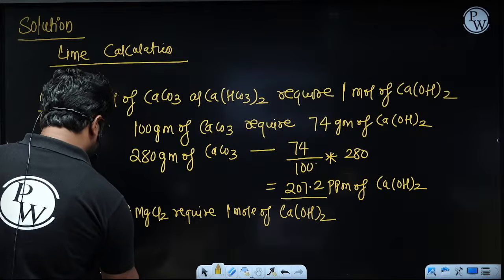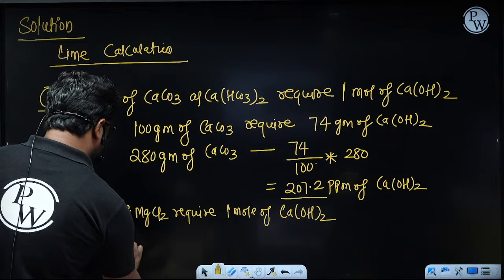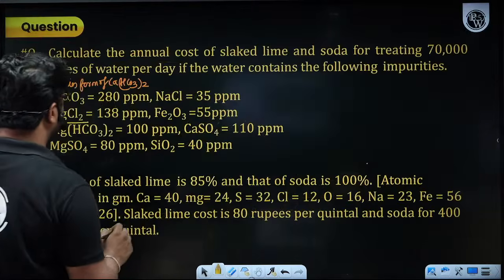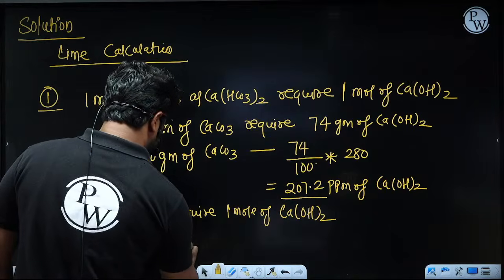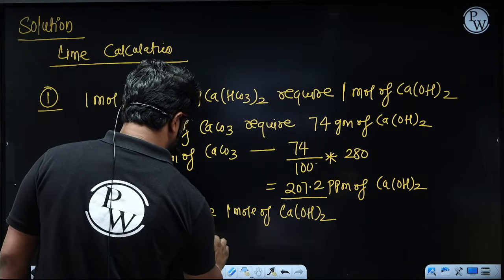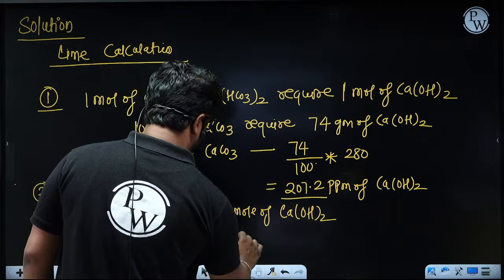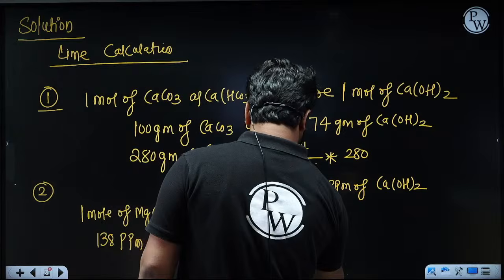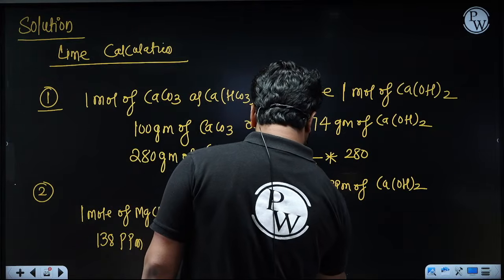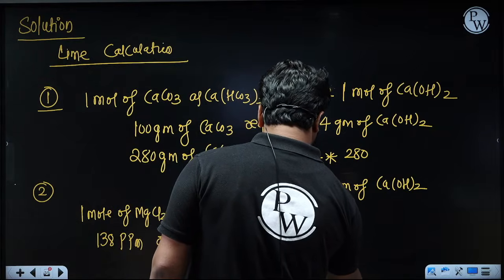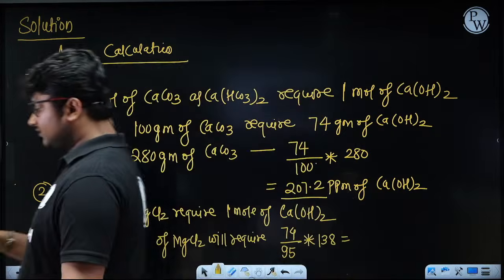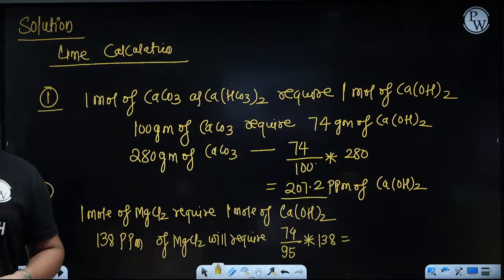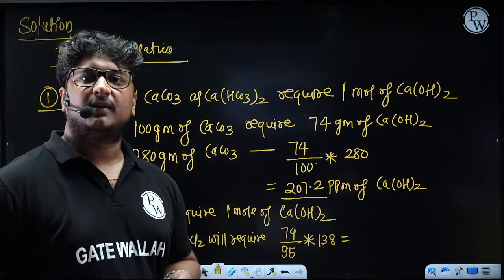So 138 ppm of MgCl2 will require 74 divided by 95 into 138. How much will you get? I am hoping that all of you are solving with me.